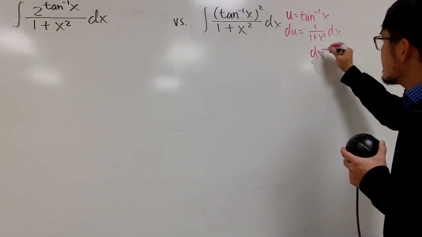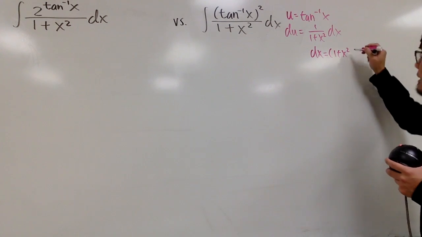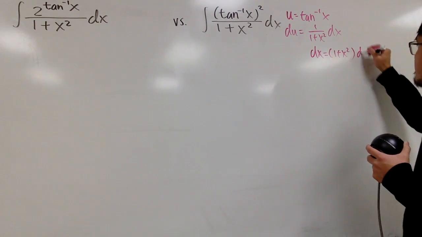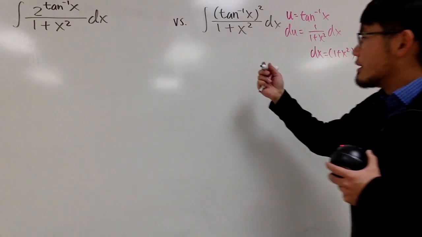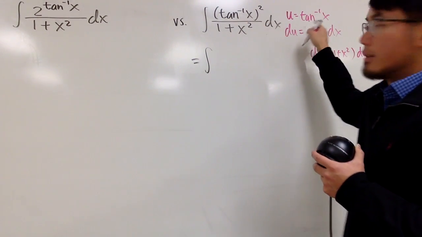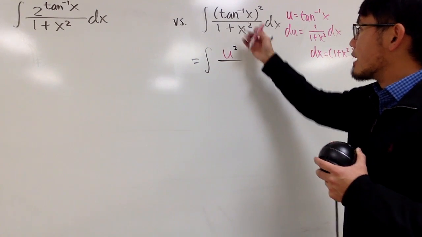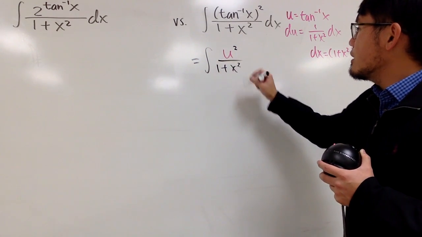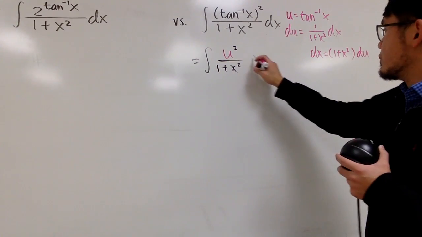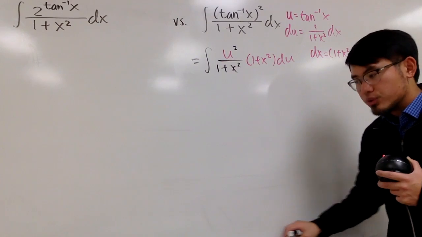So you can get dx being 1 plus x squared times the du. So you can take this to the u world and you get the integral. This is the u. So on the top is just u squared and the bottom is 1 plus x squared. But the dx is this, which is 1 plus x squared du. And as I told you, it works.